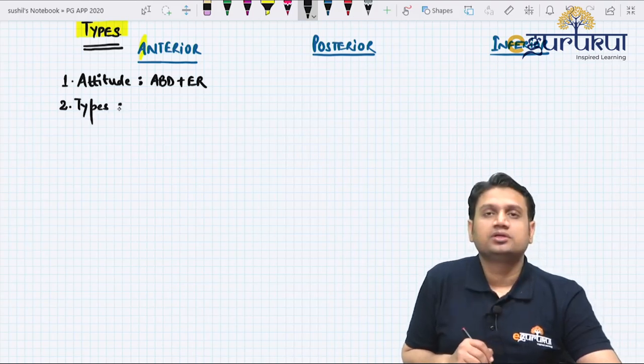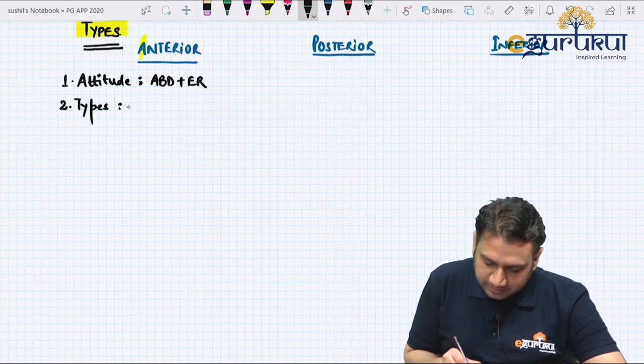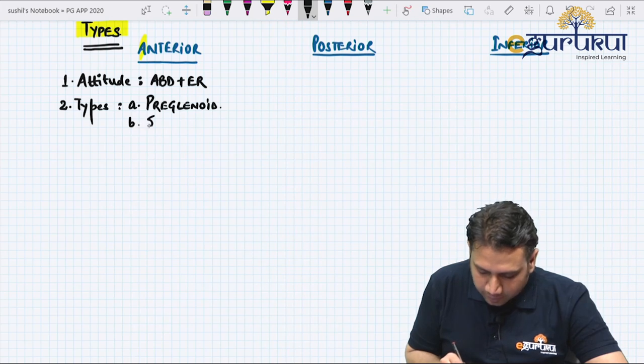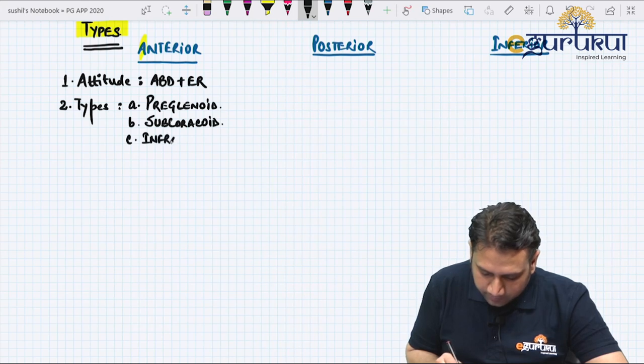The common types are of 3 types. One, it can be preglenoid. Second, it can be subcoracoid. Third, it can be infraclavicular or subclavicular.